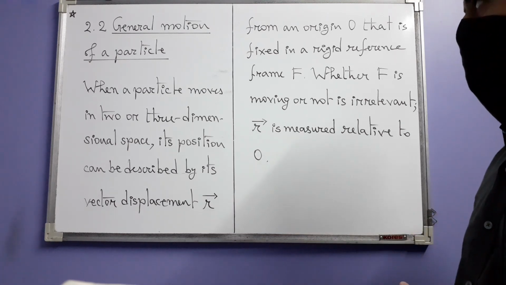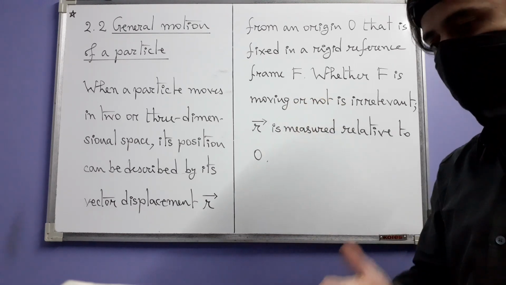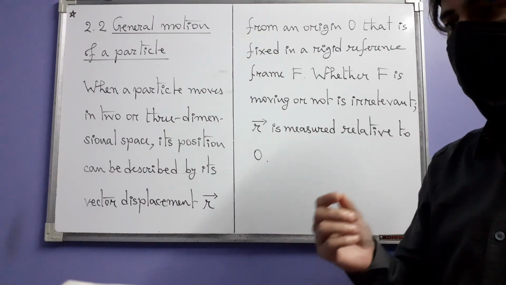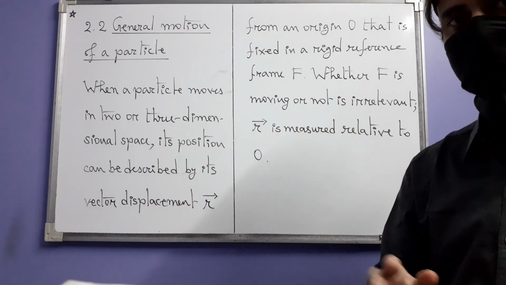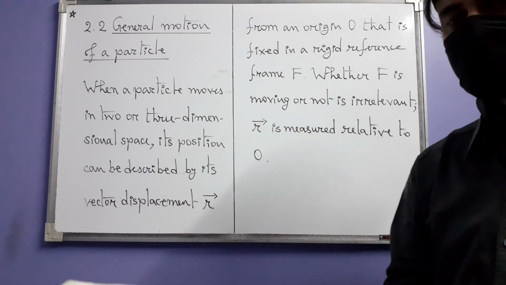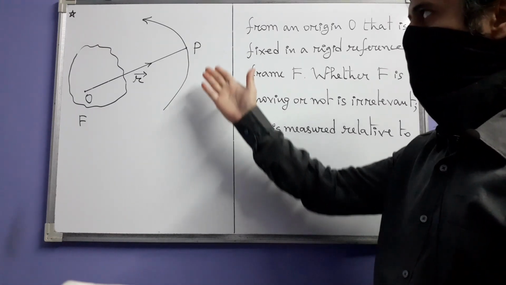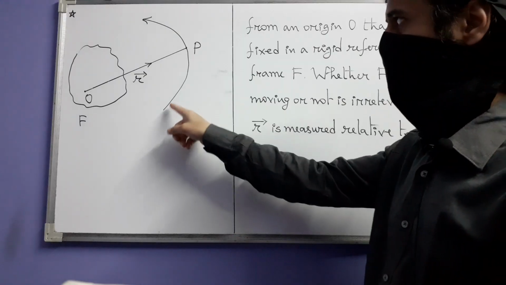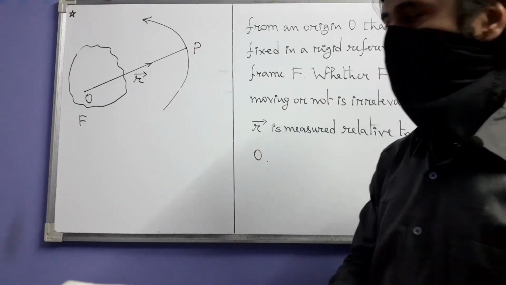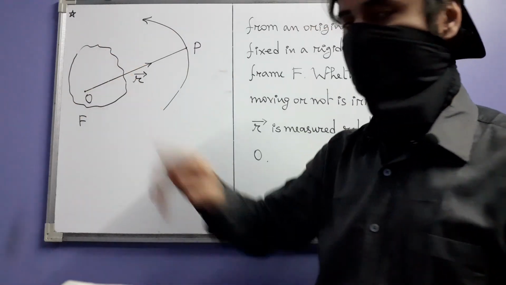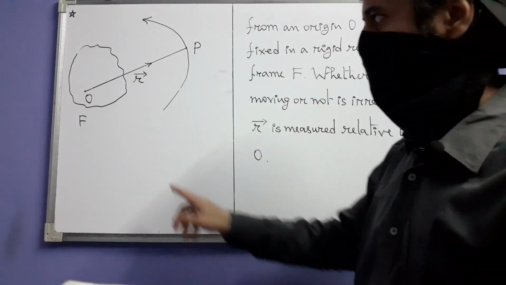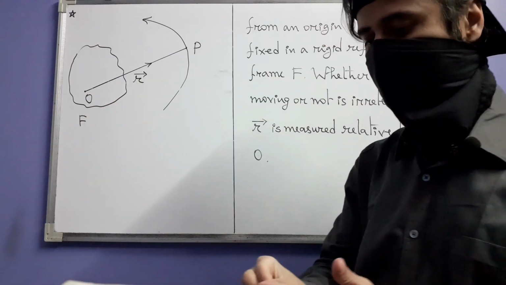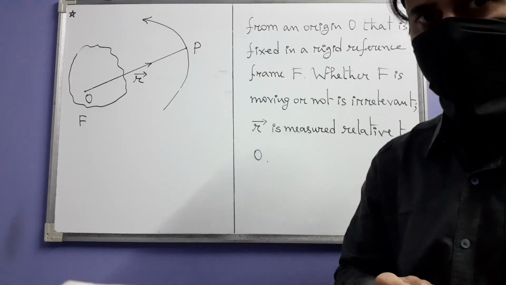Now let us try to see why we need a reference frame F and not just a point O that we are going to treat as origin. Say this is our particle P moving in 3 dimensional space along some path, and let this be the rigid reference frame F in which some point O is rigidly fixed, which we are treating as the origin.